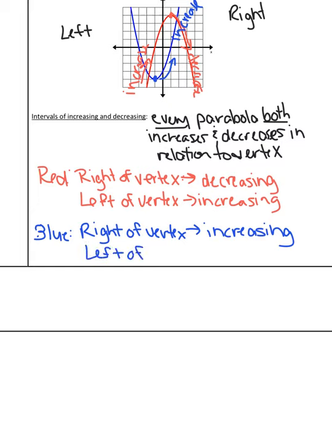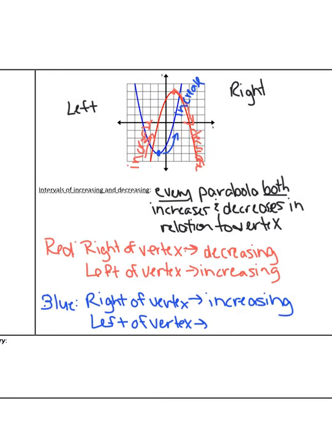The left of the vertex here, the blue starts, let me bring it down here a little bit. The blue starts up here and it's going down towards the vertex. So that means that we are decreasing. Can't read that very well, huh?